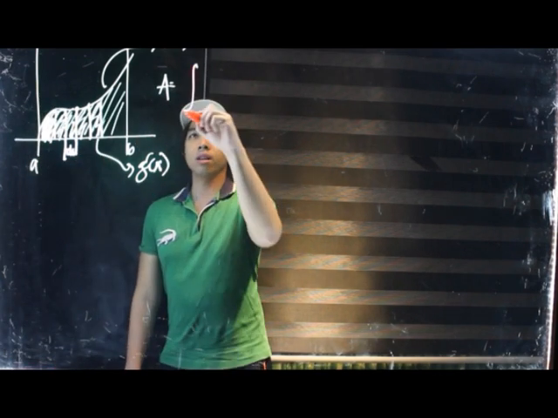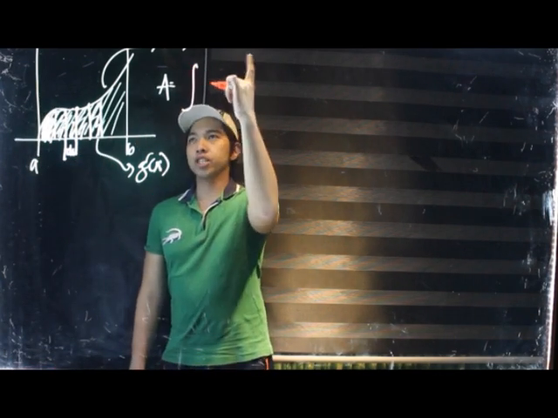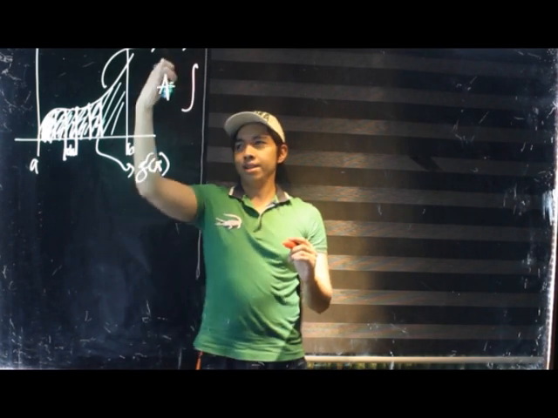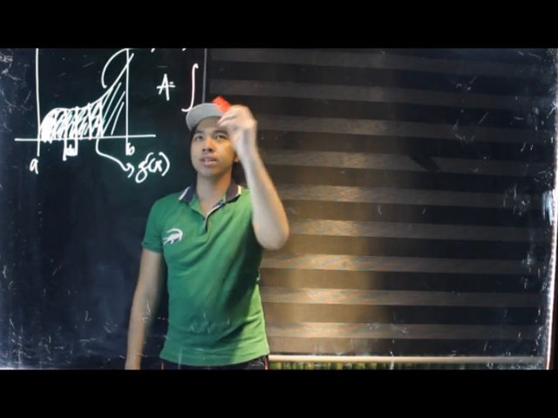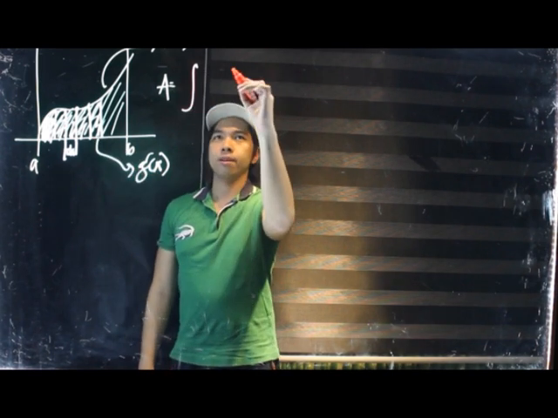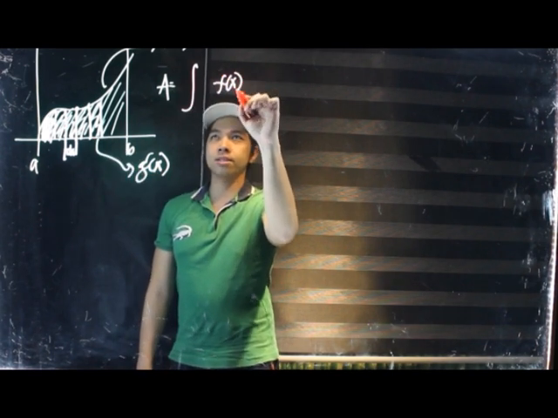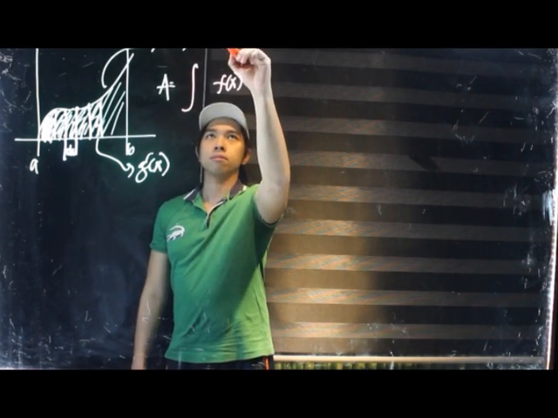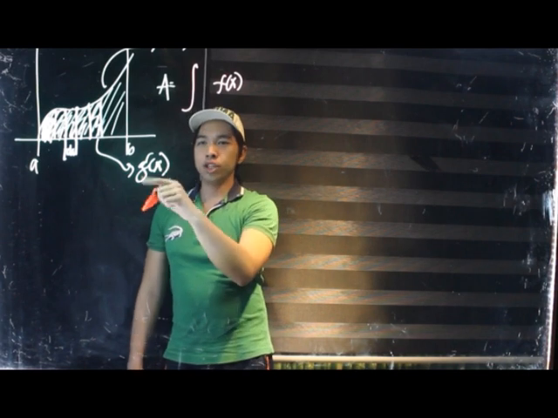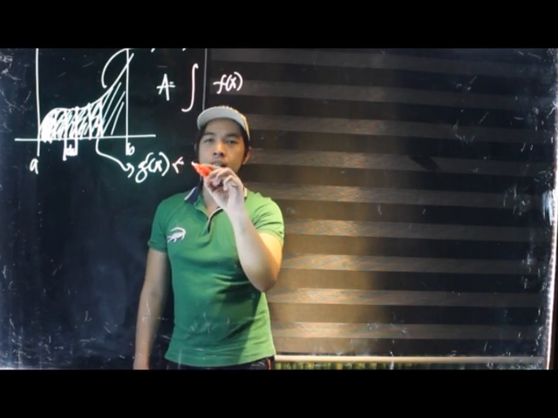So we can call that such that the area is then equal to the integral of the upper function, if we're going to use this kind of element, the vertical element. So that would be the integral of f of x, which will be the upper element. g of x would be our lower element.